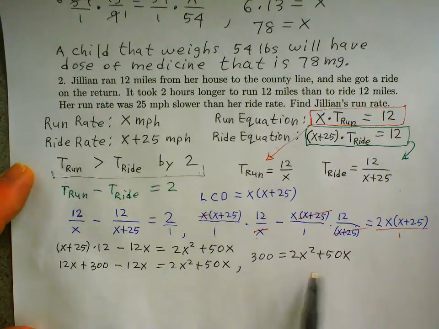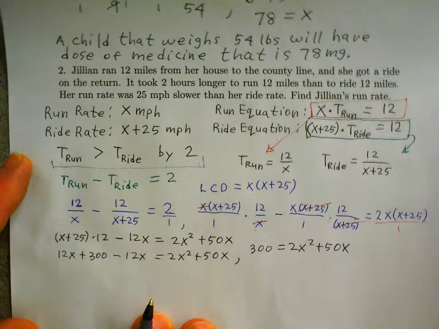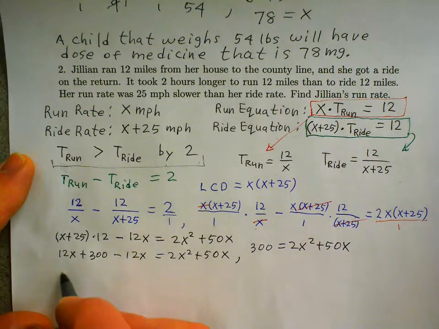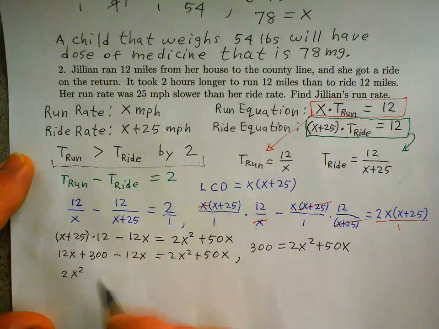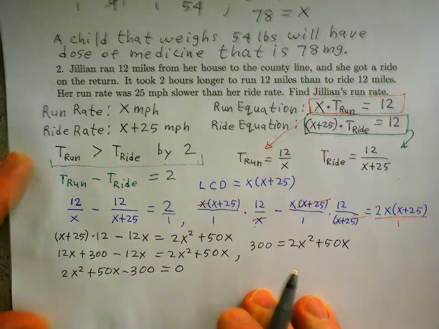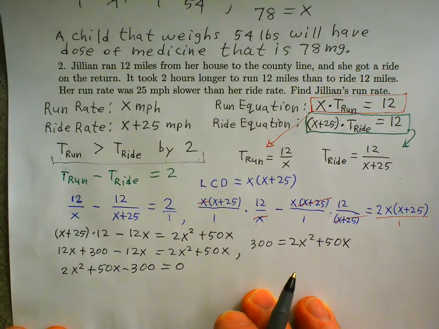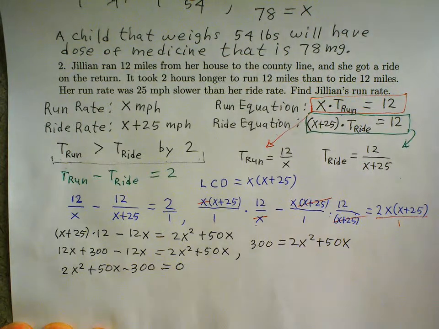So we're going to end up solving this equation by factoring. So first we'll subtract 300 from both sides. And I'll write it as 2x to the second plus 50x minus 300 equals 0. Notice every term in the trinomial has a common factor of 2.